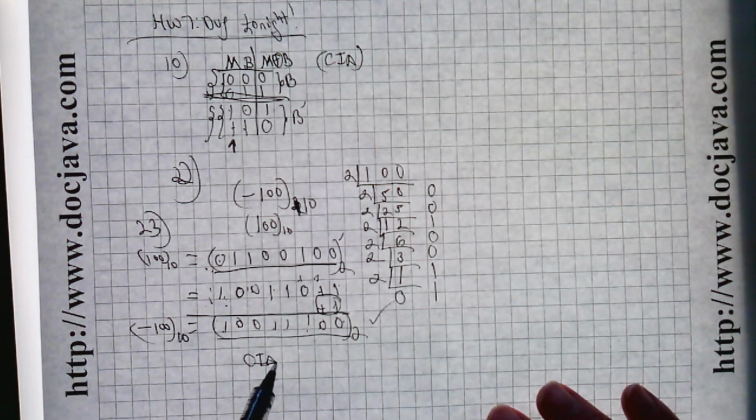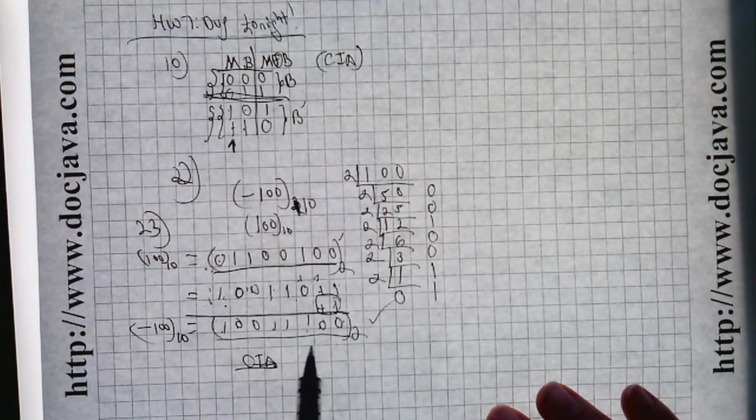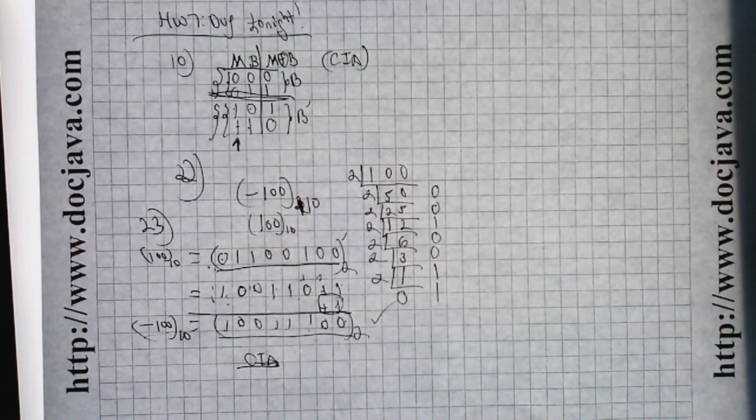I have to complement and increment the accumulator. So there's the complement, and here's the increment, and I add 1 to all of this, and that gives me negative 100. So is that all right? Yeah? Good, good.